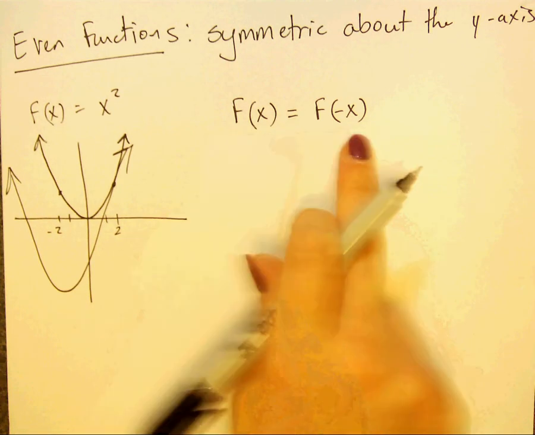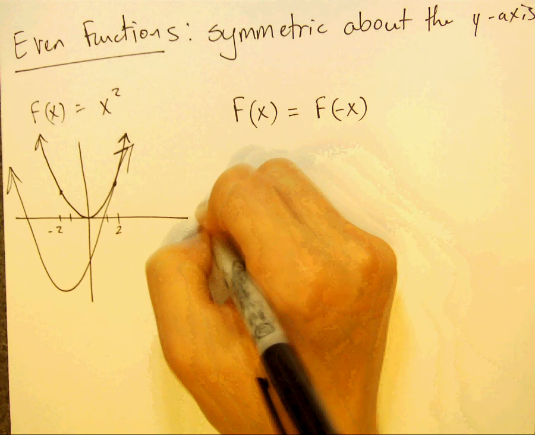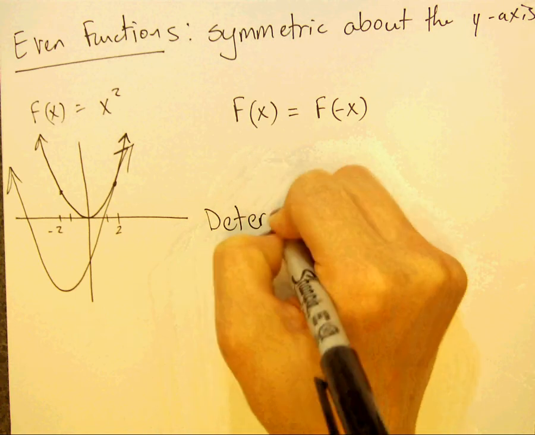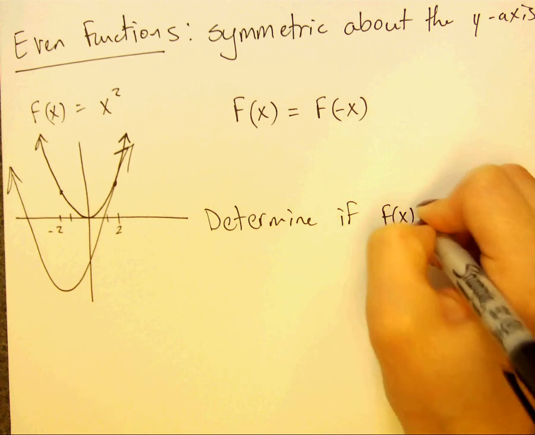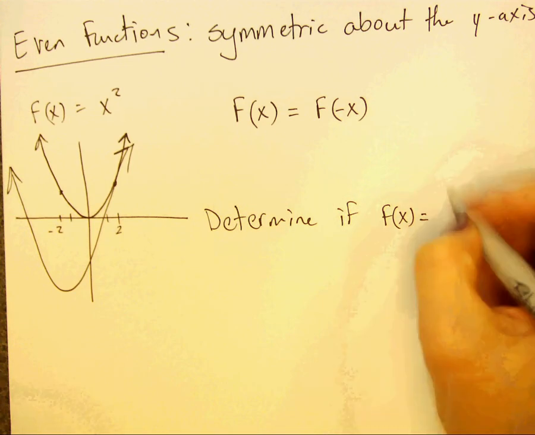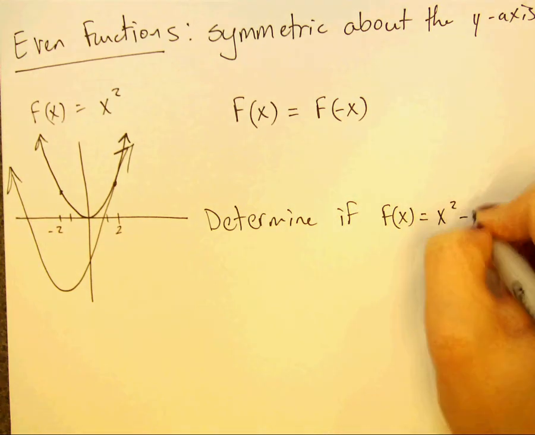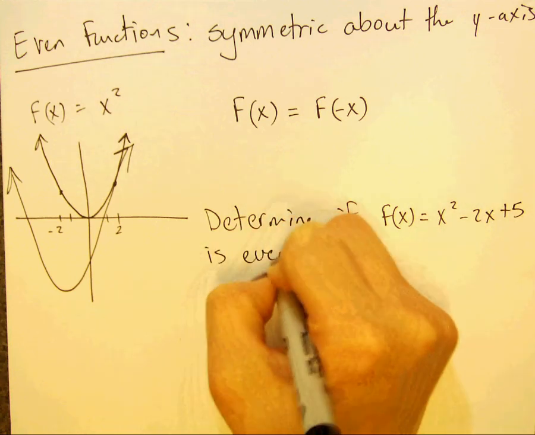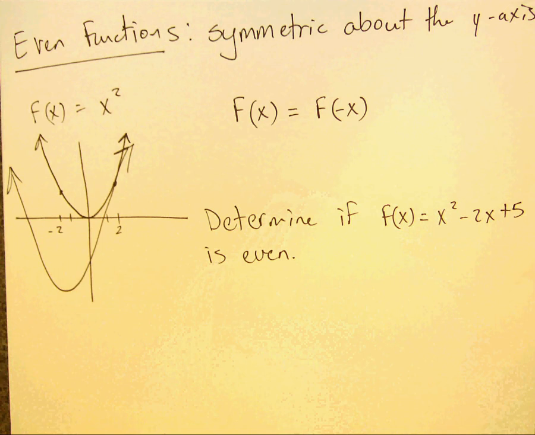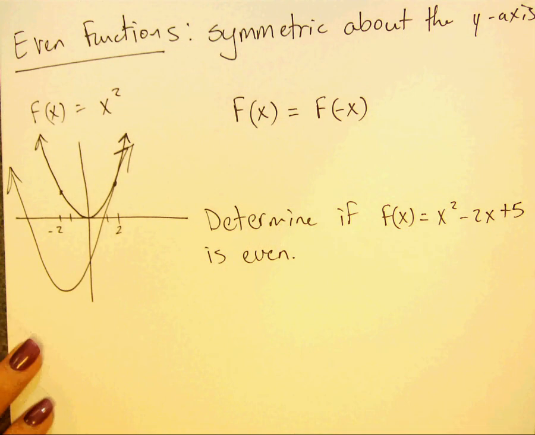So I want to determine if f of x equals x squared minus 2x plus 5 is an even function. So I have f of x.